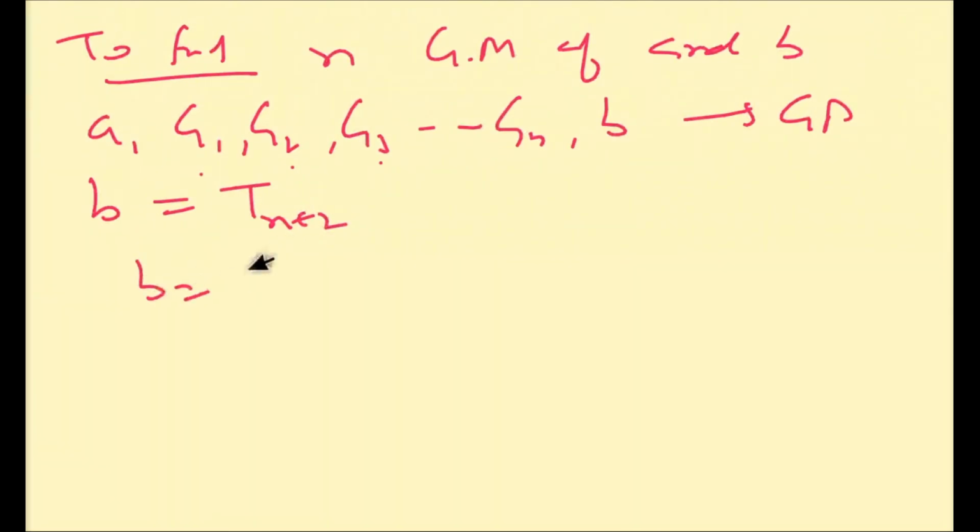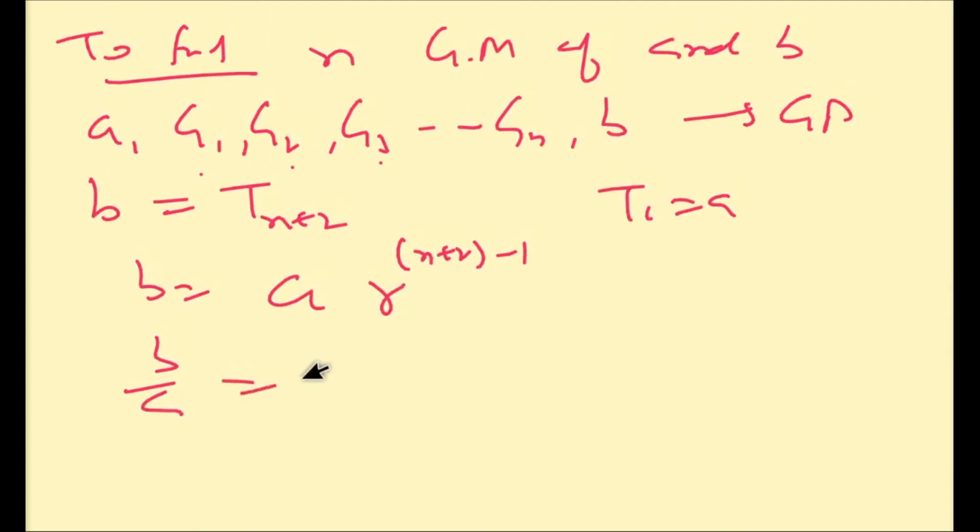So we can write n plus 2th term A R to the power n plus 2 minus 1. First term is A. So using this we can find the value of R.